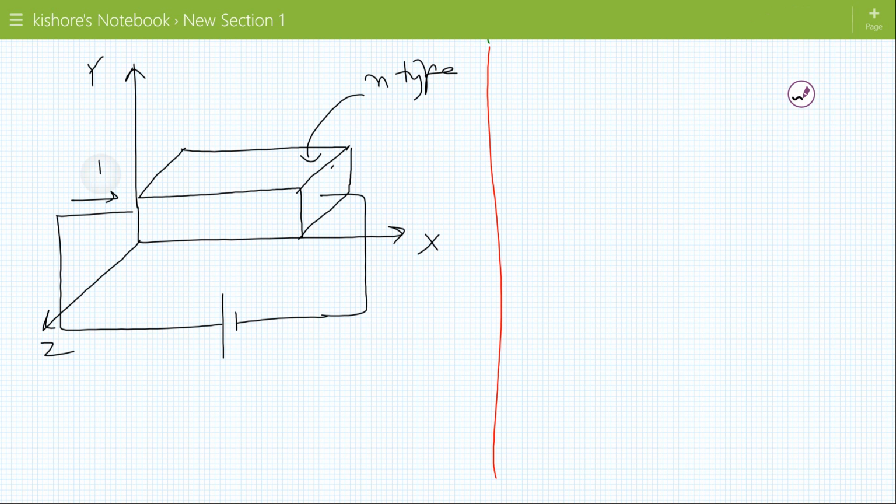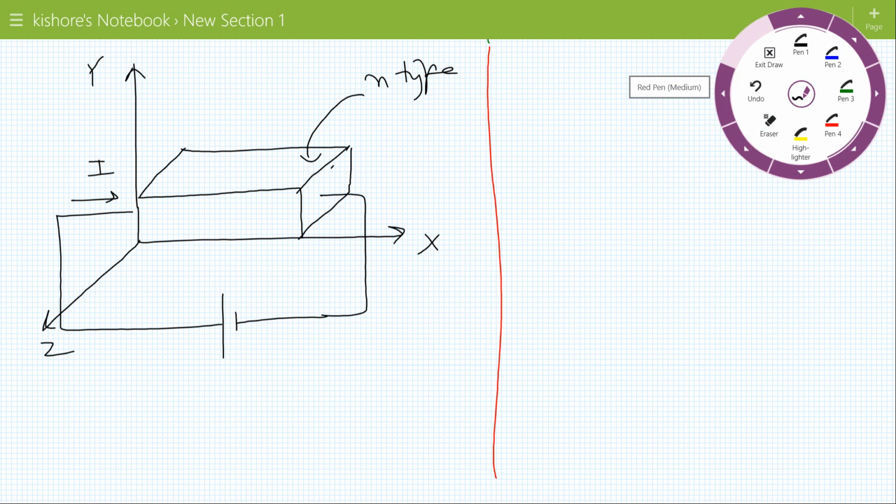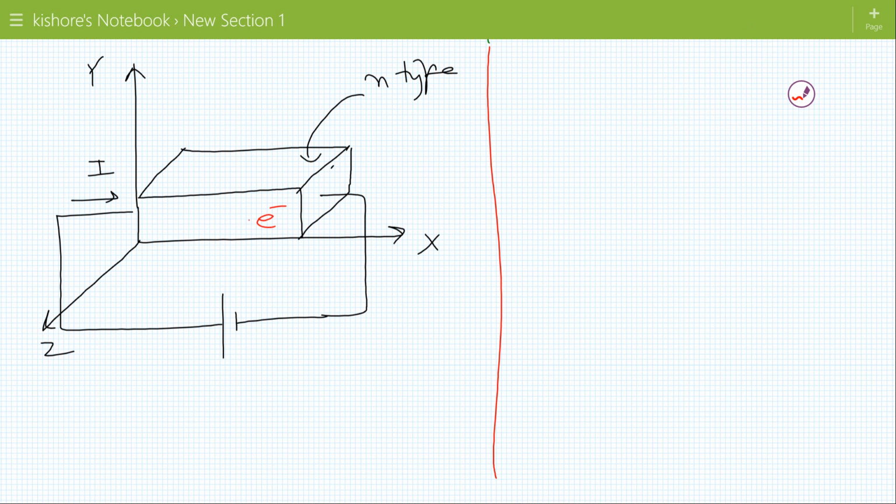If an n-type semiconductor is taken, now electrons will flow in the direction opposite to the flow of current. This is the direction of the magnetic field. Side 1, side 2.